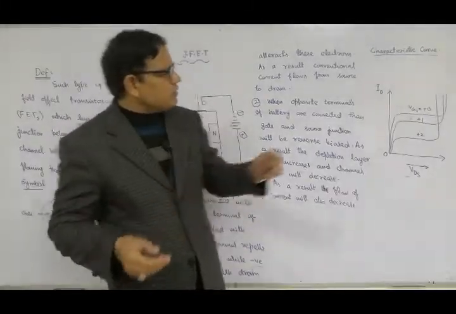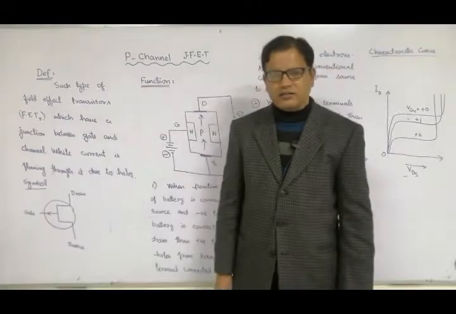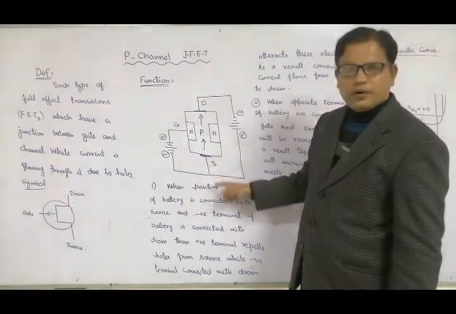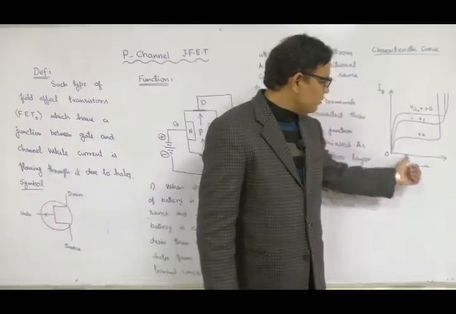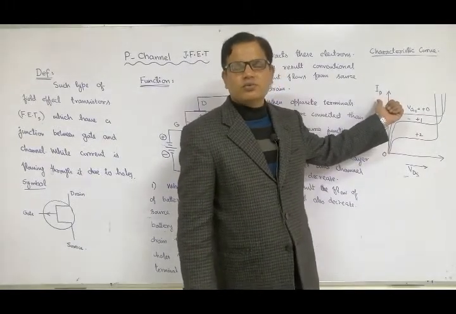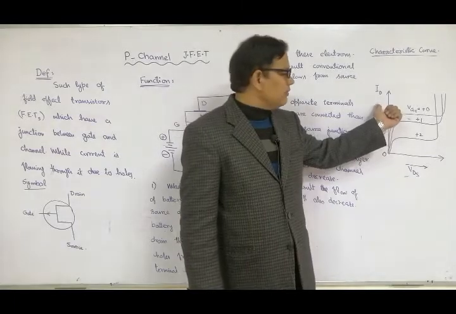Now we come towards the characteristics. We will discuss those currents specifically against VDS because we are taking current from source to drain. So VDS is over here, and the output current is basically the drain current, because we are using the drain as an output terminal.